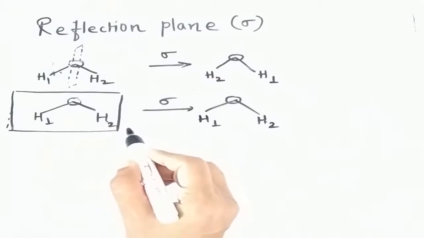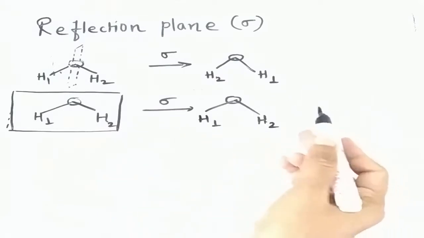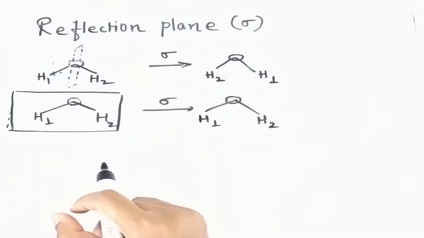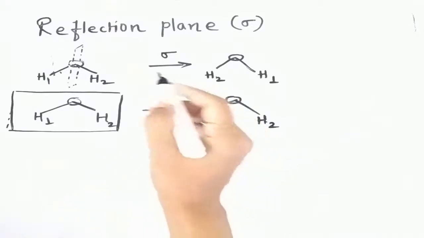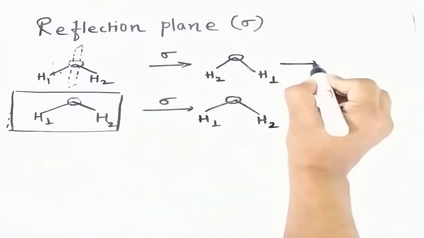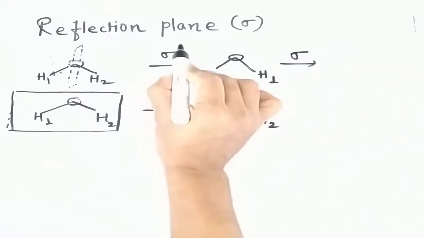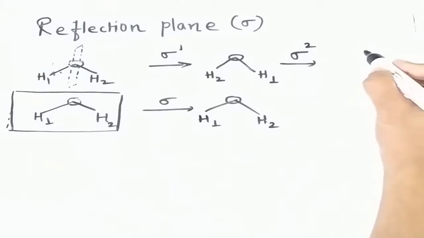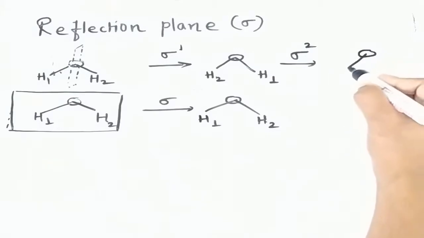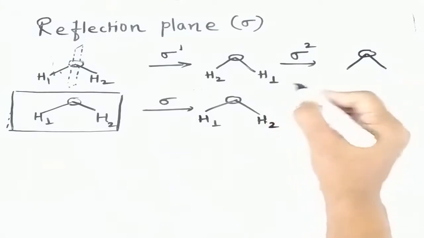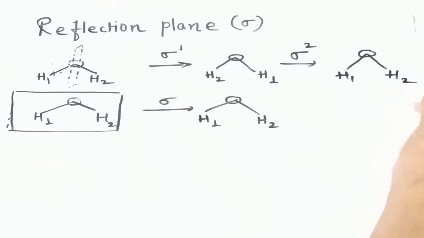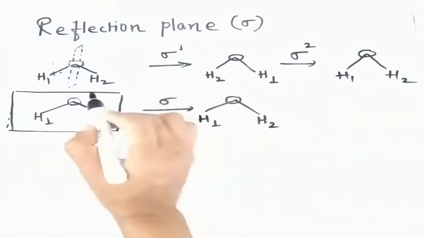Now if we go on operating such planes in a particular molecule, let's see what resultant we will get. If I operate one more time, let us say this is sigma 1, and sigma 2 times. When I say sigma twice, that means again H1 will be replaced by H2 and H2 will be replaced by H1. So what does it mean?